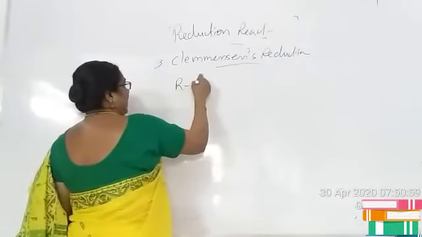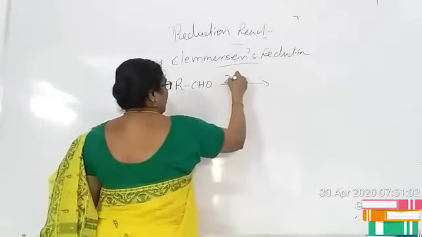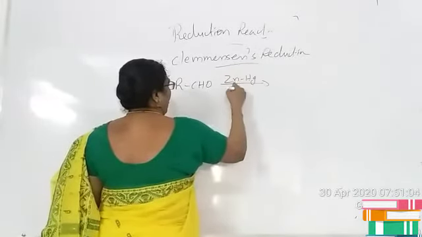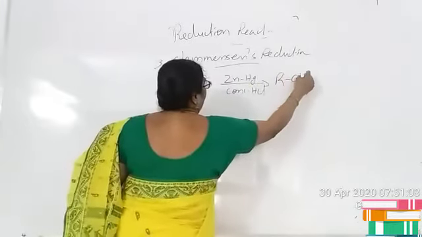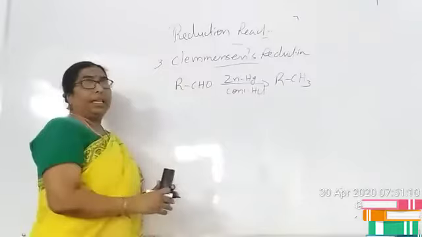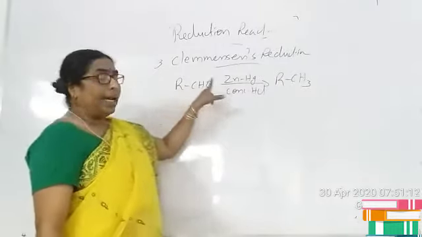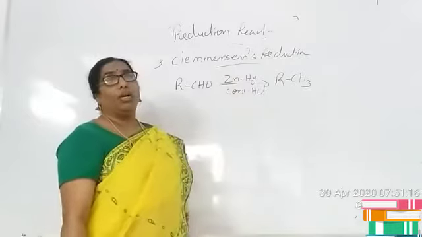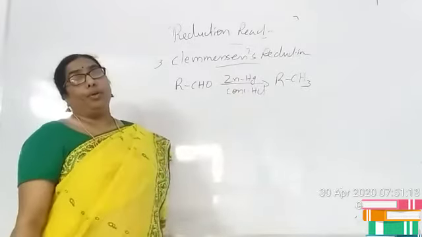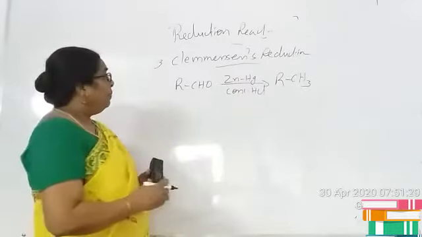The aldehyde undergoes reduction in presence of zinc amalgam and concentrated HCl and results in the formation of an alkane. So it is a complete reduction.